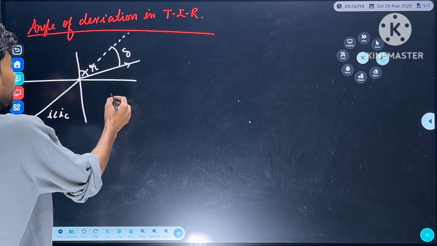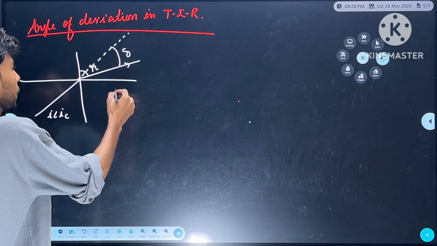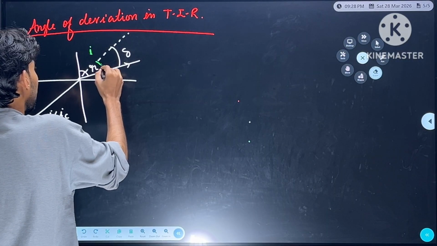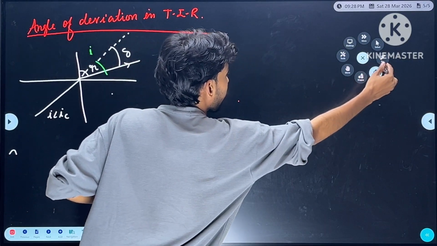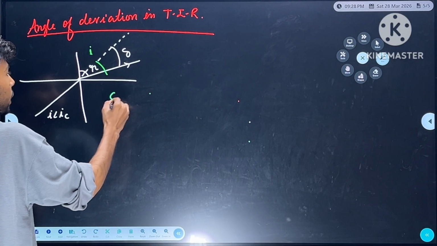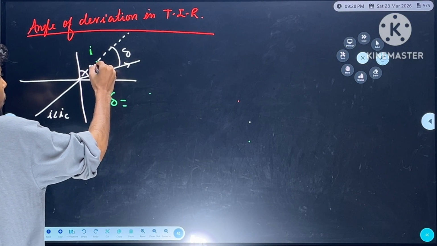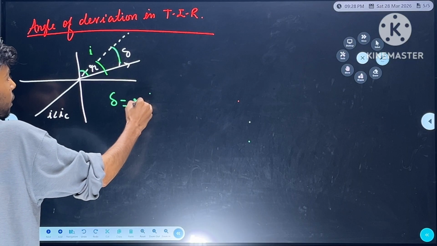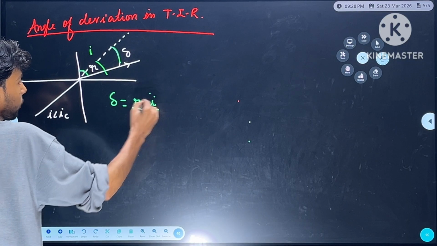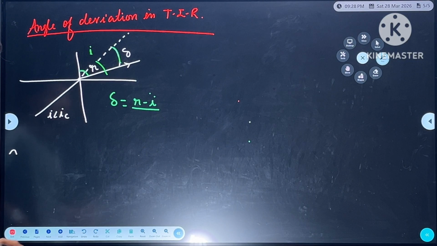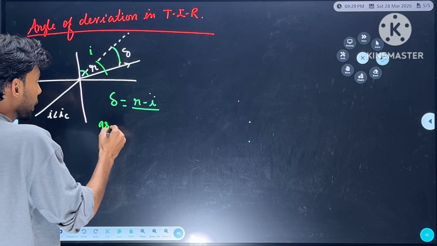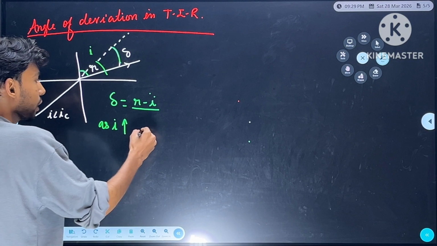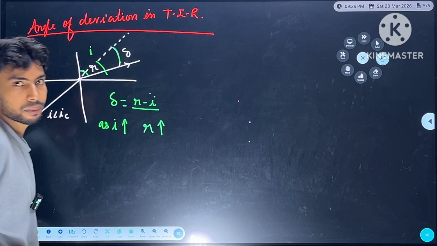So if I want to calculate delta here, what should be the value of delta? As you can see in this figure clearly, this angle is I. So to calculate this delta, you can subtract this small angle I from this bigger angle. That means delta will be R minus I. Right? Now you tell me what will happen as I increase. As I increase, you know that R will also increase.